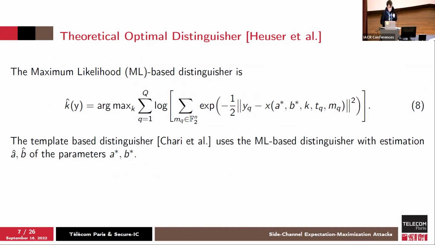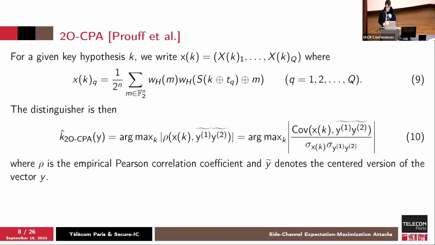But in reality, you do not know these parameters, so it cannot be performed. So you do a template attack, where you have estimations, A hat and B hat, of these parameters. The other one we consider in this presentation is second order CPA, where you take the key that maximizes the Pearson correlation coefficient between the model and the traces, using as combination function the centered product of the two shares.